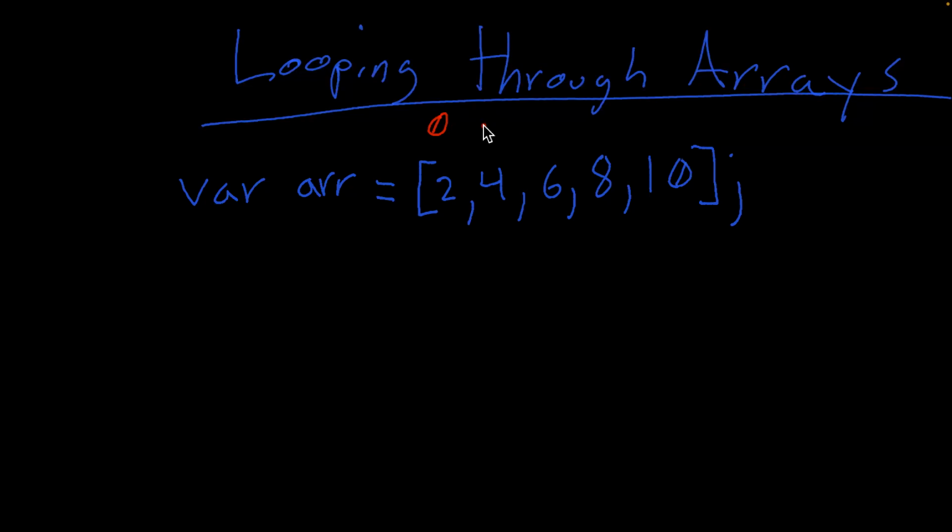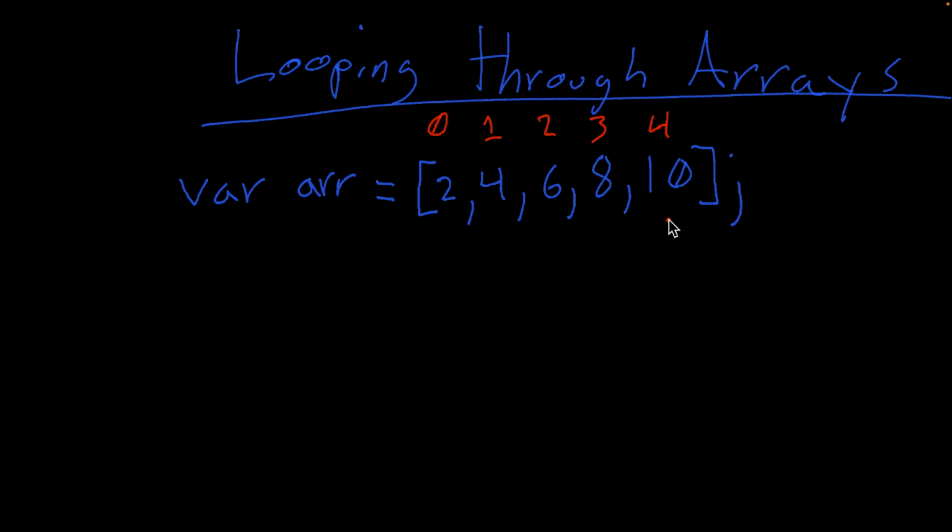So index 0, index at 1, index at 2, index at 3, and the last index is 4. So 0, 1, 2, 3, 4. I want to index through each point in this array and print each value that I see. So how can we do that? We're going to have to loop through an array.